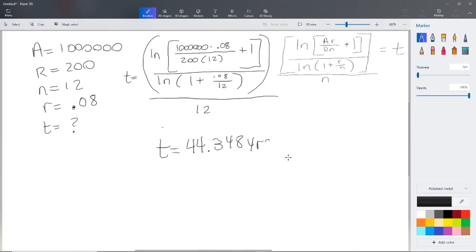That seems like a long time for us to get $1 million, especially when we're getting an 8% interest rate. That's pretty high. But 44 years and we'll have $1 million. Is it worth it? I'll leave that up for you to decide.